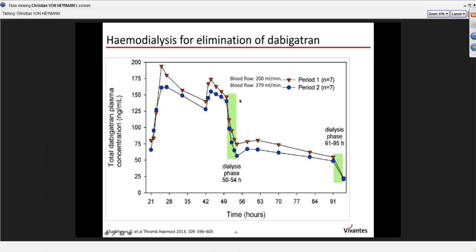You can reduce with a 4-hour session of dialysis the dabigatran levels by roughly 50%. And this is apparently independent of the blood flow of the hemodialysis machine. So in stable patients, there is an option for hemodialysis to excrete the dabigatran.